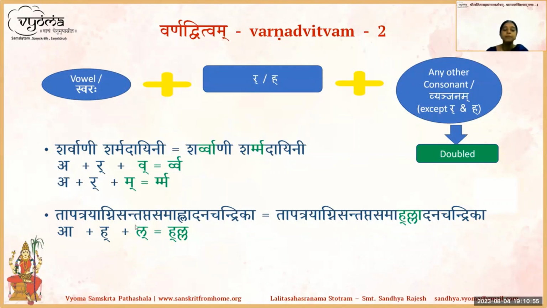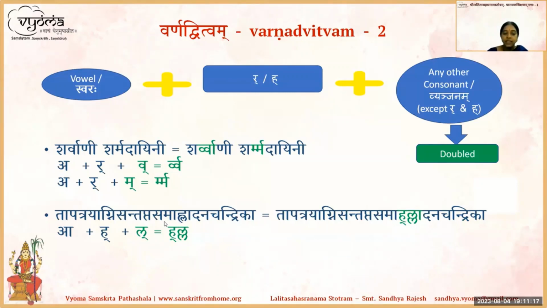Tapatrayagni santapta samahladana chandrika. So here if you see, Ha has come. Let us look at this example from the perspective of Ha. We have a vowel, Swara. Where is it? It is after Ma, A. Swara is there, a, then we have Ha, and then we have La.